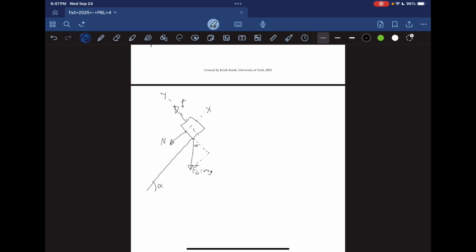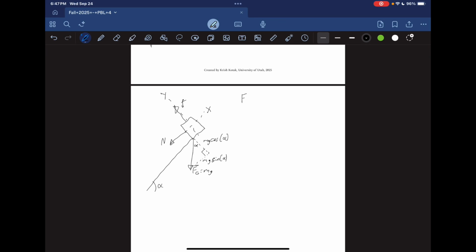This is obviously not drawn to scale, but that angle would be our alpha, and then this would be our right angle. So from trigonometry, we know that this is mg cosine of alpha, and this is mg sine of alpha. And again, that's just because this part is the mg, the force of gravity.